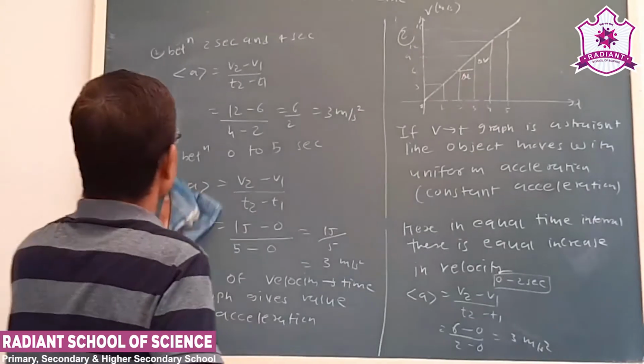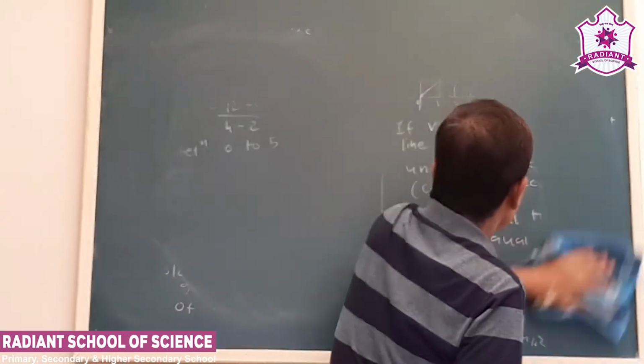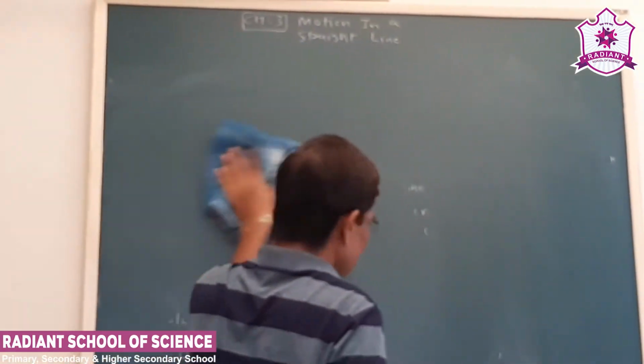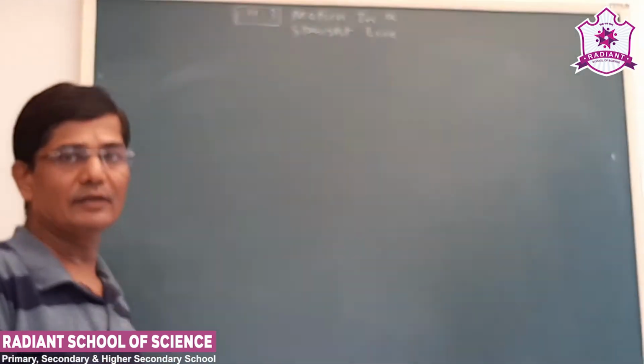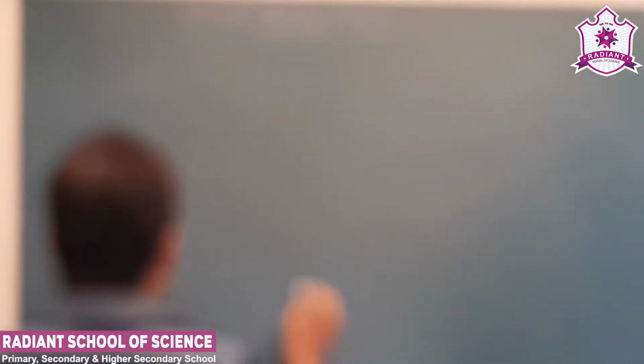Now next will be non-uniform acceleration. In that case, in equal time interval, there will not be any equal increase in the velocity. So this is how we can represent.